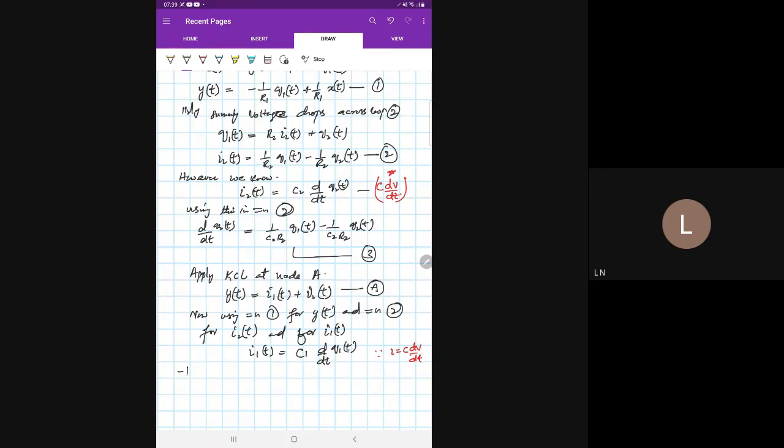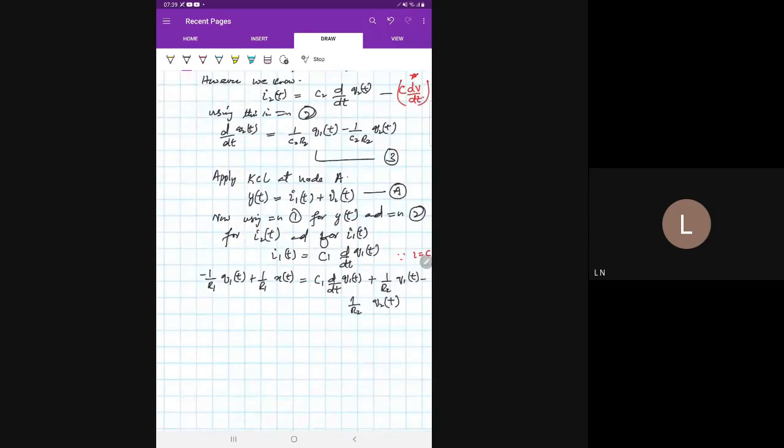We'll have minus 1 by R1 Q1 of t plus 1 by R1 x of t on the left hand side instead of y of t. Then for I1 of t we'll have C1 d by dt of Q1 of t. For I2, we'll have 1 by R2 Q1 of t minus 1 by R2 Q2 of t.